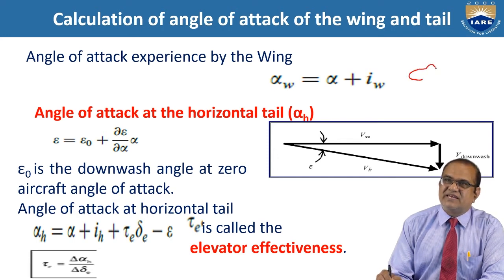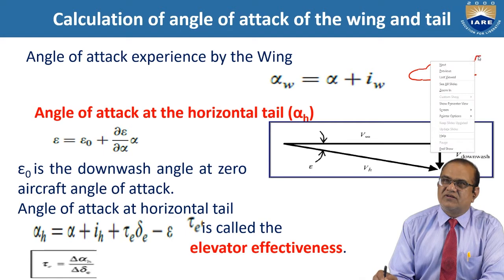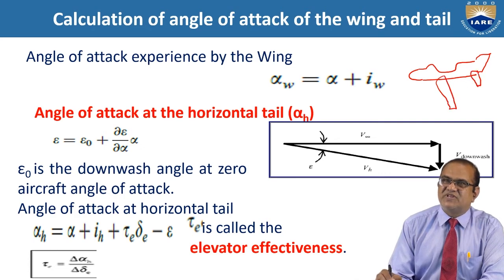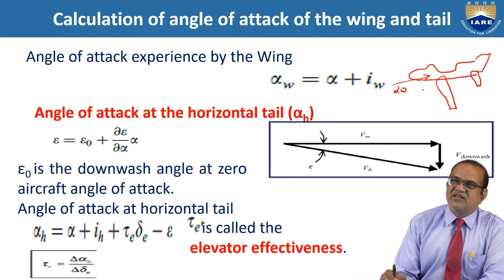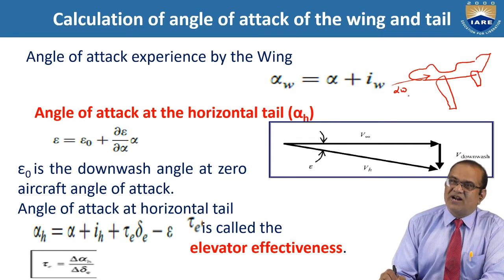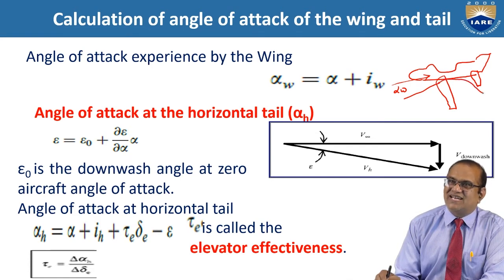This is the aircraft. These are the wing and the tail. Here the wing is experiencing alpha W angle of attack, but the flow goes from the wing and produces downwash like this.